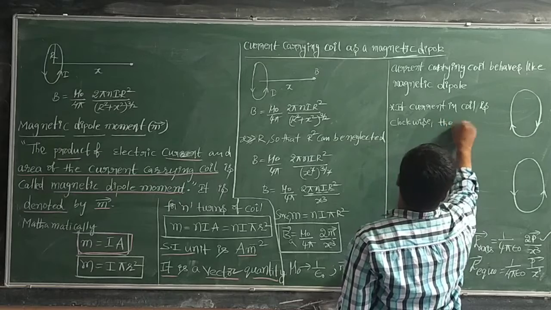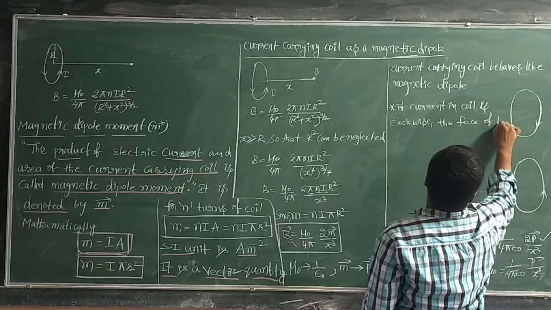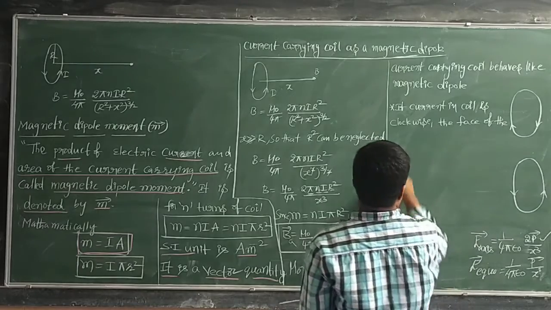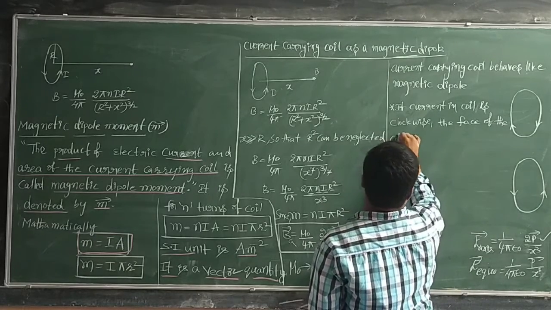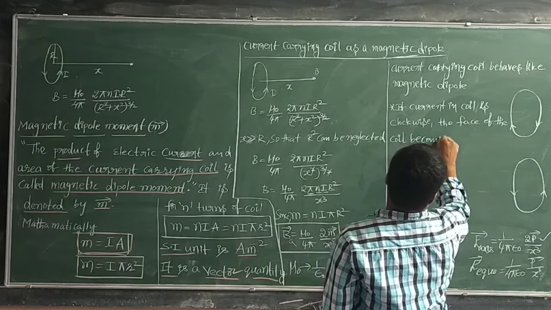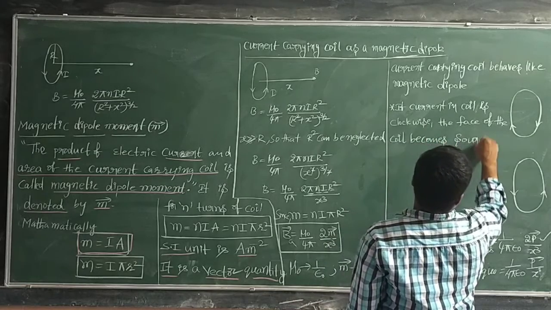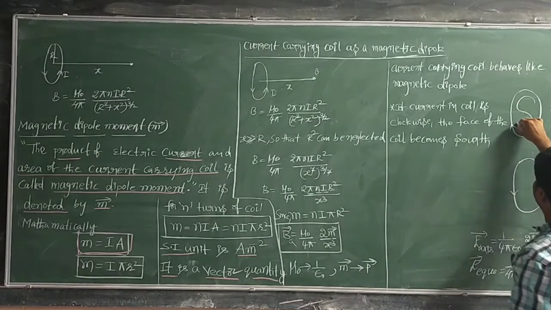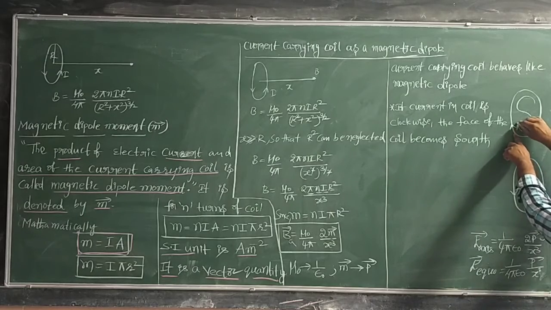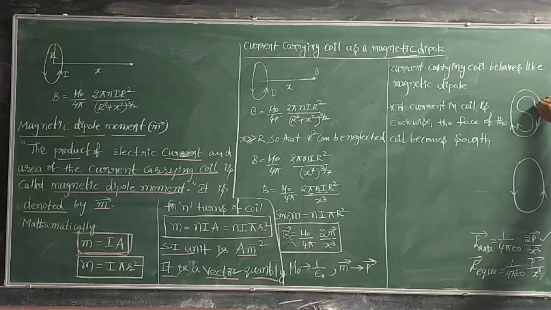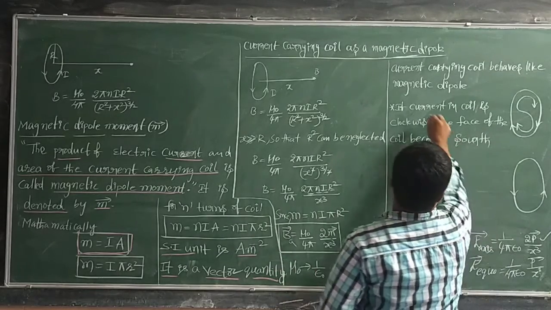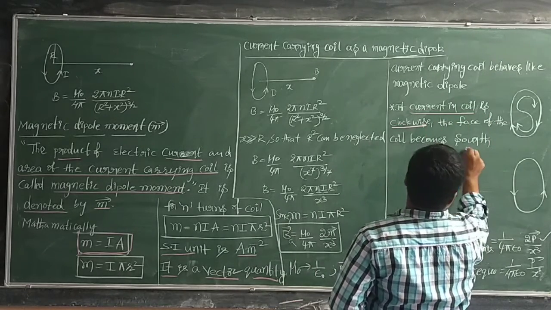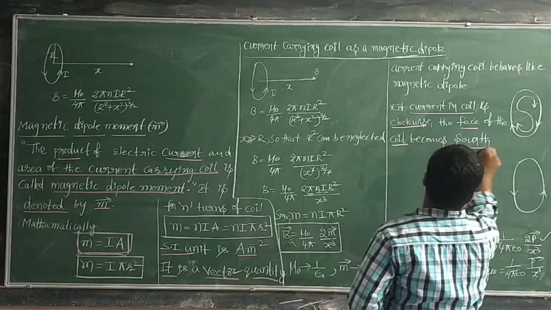The face of the coil becomes south. South means you just see, like this you draw the arrow. Here it is going like this. So you draw it as south. When the current is in the clockwise direction, the face is south. The current in the coil is clockwise, so the face of the coil becomes south.